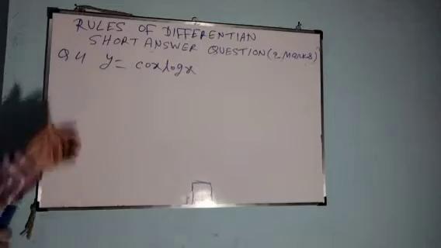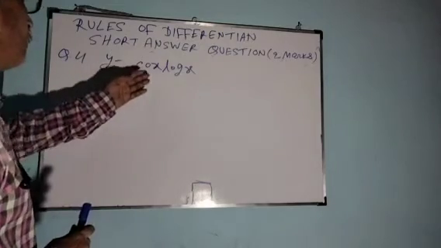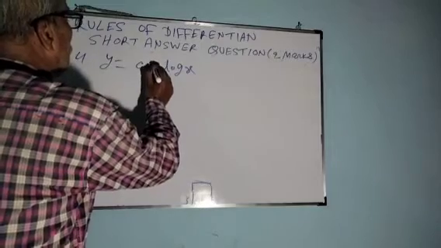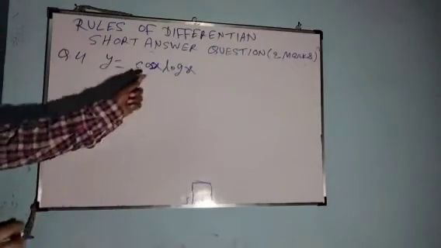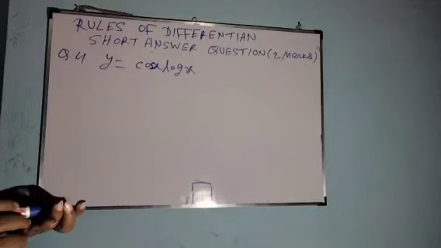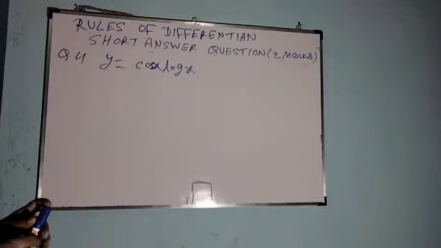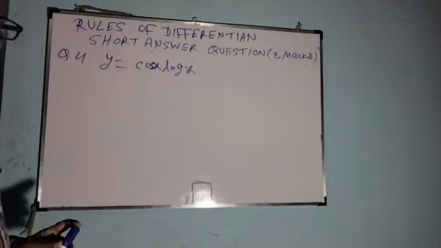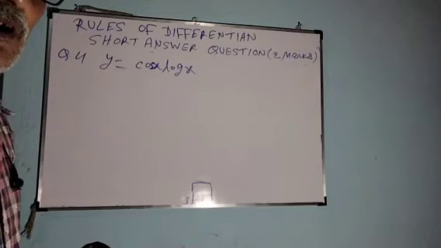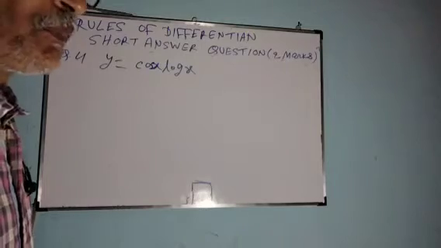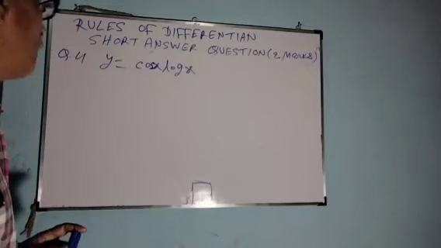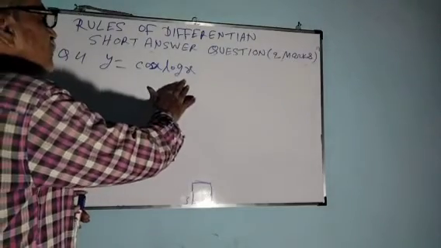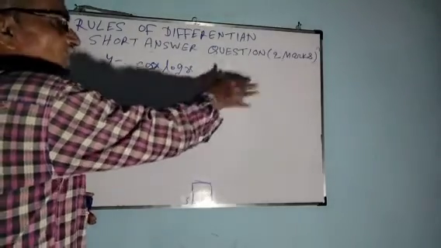Question number 4. y is equal to cos x into log x. Here the function is in the form of the product of two functions, and we use the formula for finding the derivative of the product of two functions: derivative of the first function into the second, plus the first function into the derivative of the second function.